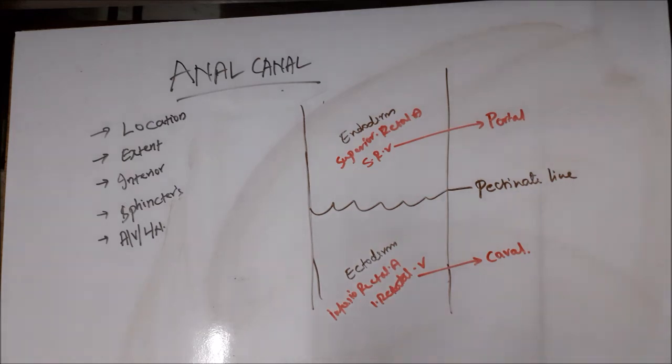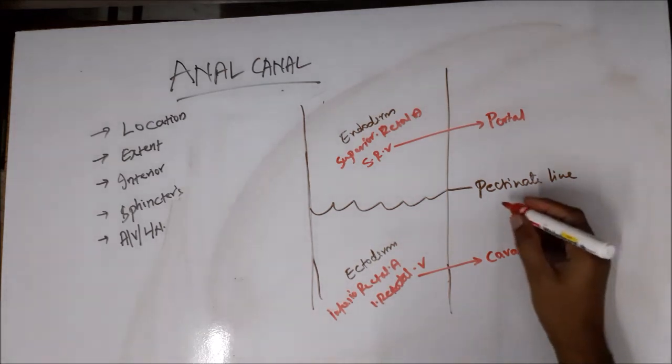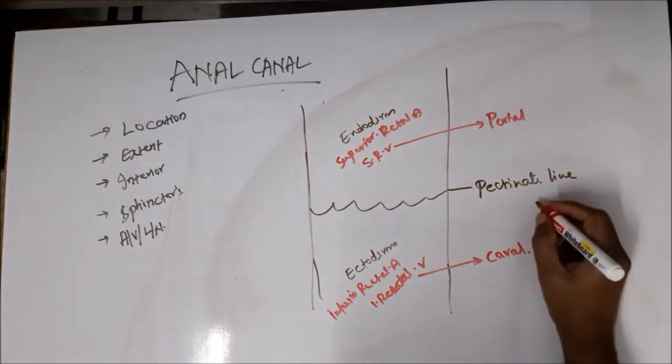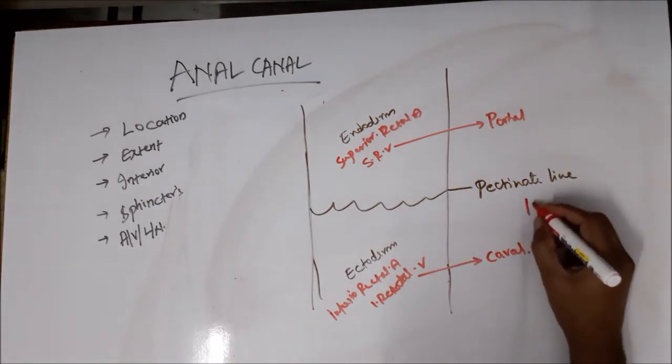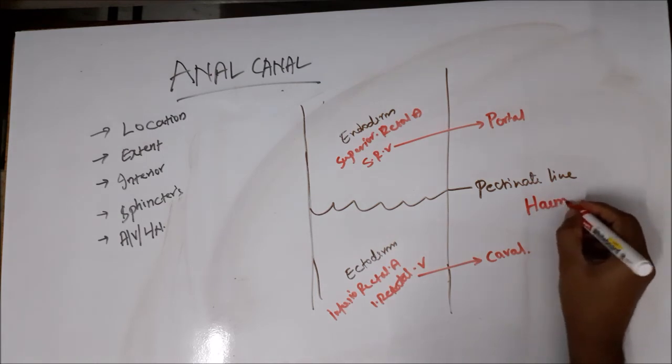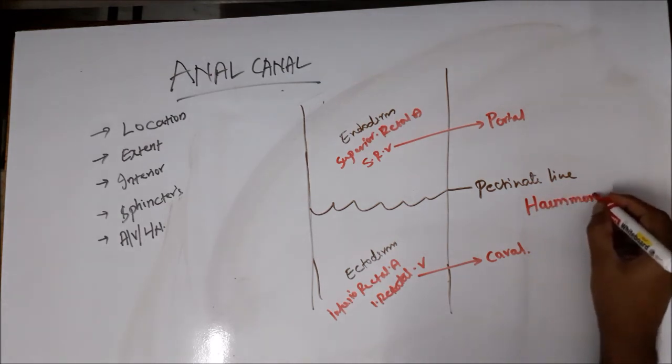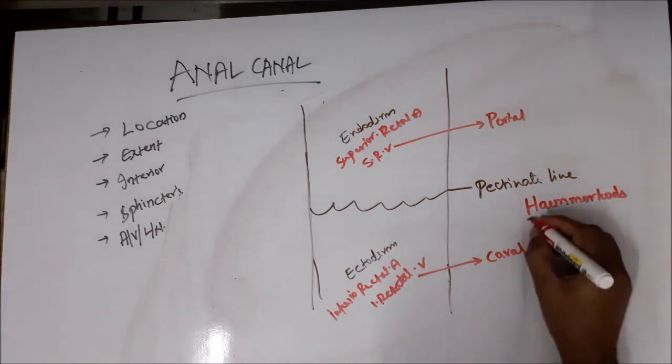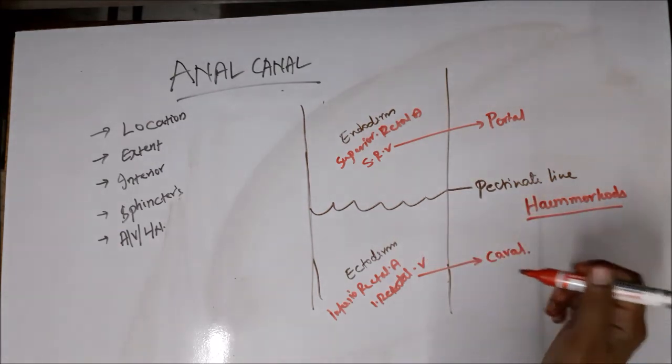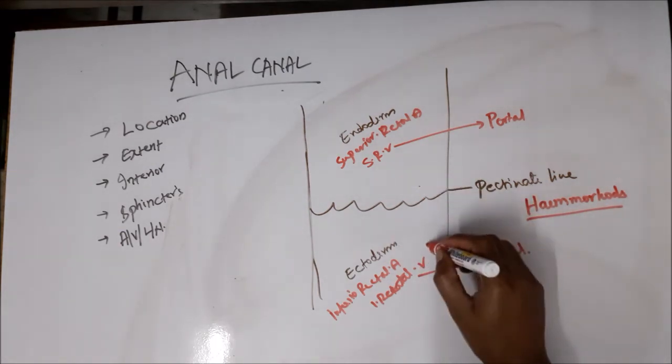So whenever there is portal hypertension, there are dilatations of this portocaval anastomosis. Those dilatations we call hemorrhoids. These hemorrhoids may occur above the dentate line or pectinate line, and below the pectinate line.